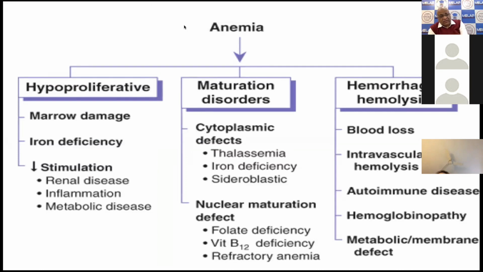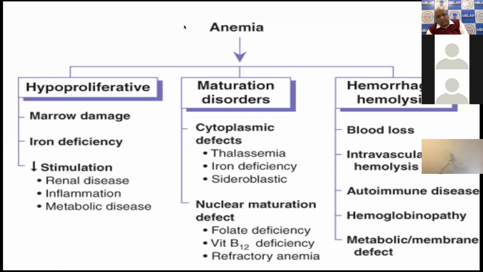See, based on etiology, it may be either hyperproliferative or some maturation disorder or hemorrhage or hemolysis. In hyperproliferative, there may be marrow damage, iron deficiency, or decreased stimulation of the bone marrow, a renal disease or inflammation or metabolic diseases. Maturation disorder may be cytoplasmic or nuclear maturation.